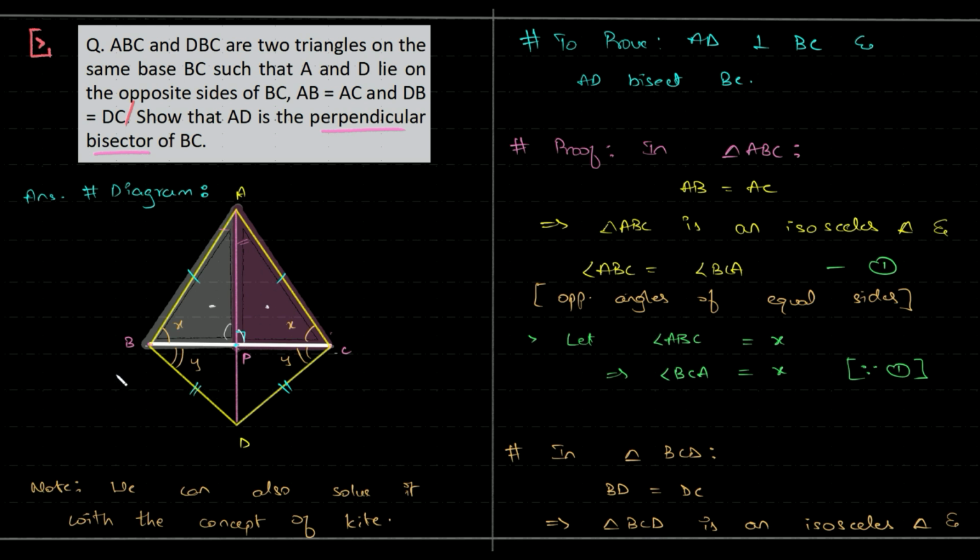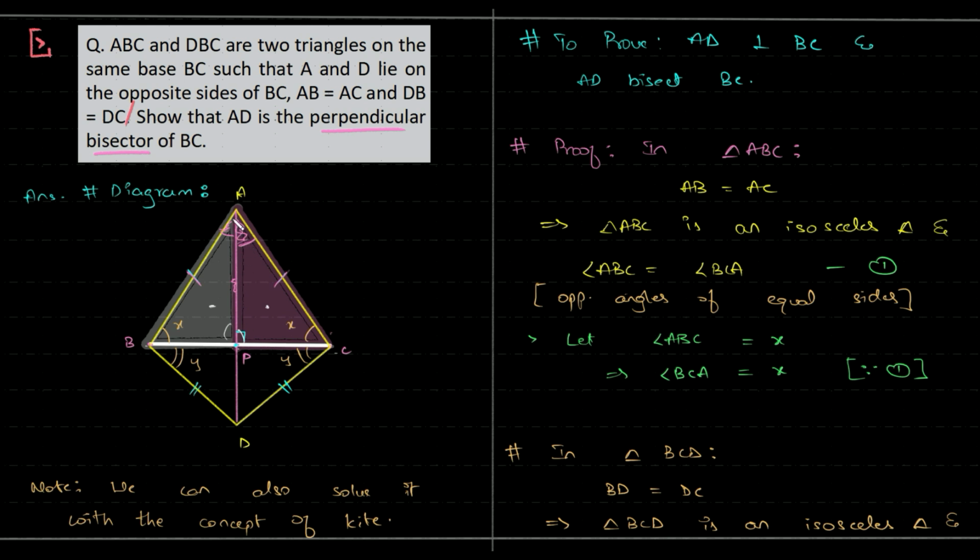How? Think about it. What do we have? We have one side equal to another side. And what else do we have? We have one common side. Okay, that's good. We need these angles to be equal. But how will we prove that these two angles are equal?